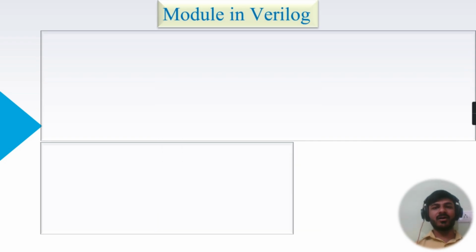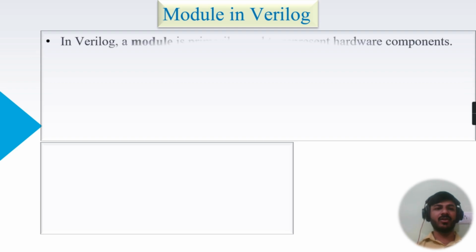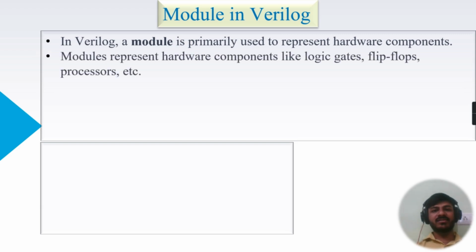Now we'll understand the purpose of a module inside Verilog. Basically, in Verilog, a module is primarily used to represent hardware components such as combinational circuits or sequential circuits. A module represents hardware components like logic gates, which belong to combinational circuits, and flip-flops, which belong to sequential circuits.